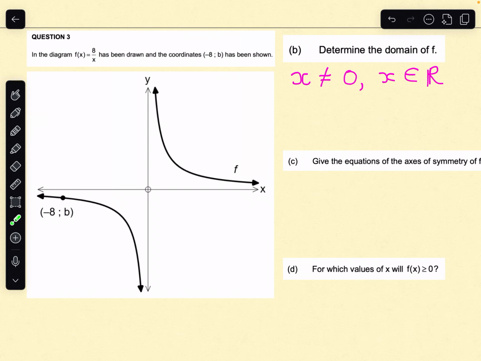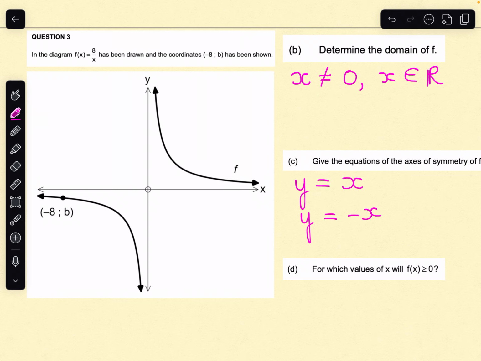So because this graph pretty much looks like the graph of y is equal to 1 over x, other than the steepness thing that I mentioned initially, its equations of its axes of symmetry are also going to be the same as the quote-unquote original axes of symmetry.